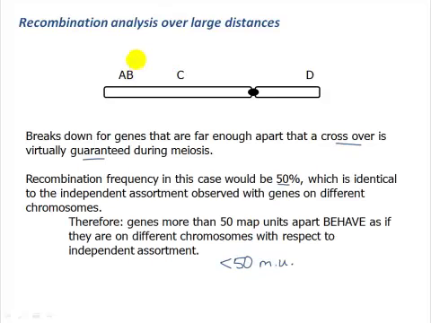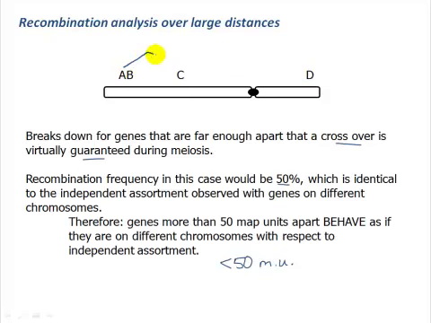Well, you might have to map them sequentially, right? Let's say that these two genes, A and D, are separated by more than 50 map units. So they're assorting as if they're independent, but they're each separated from gene C by less than 50 map units.